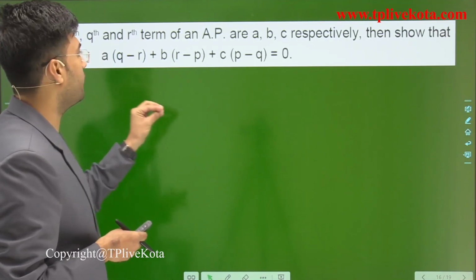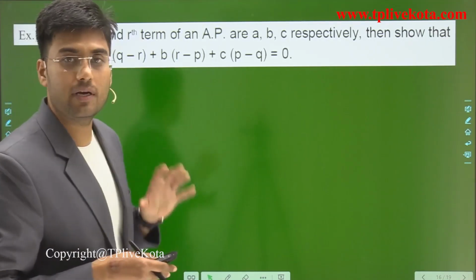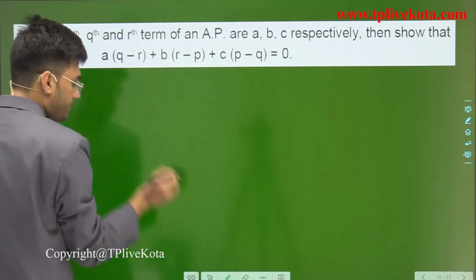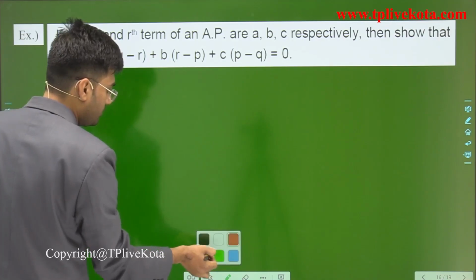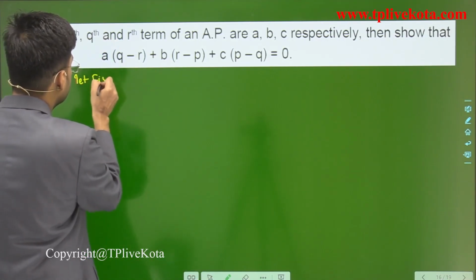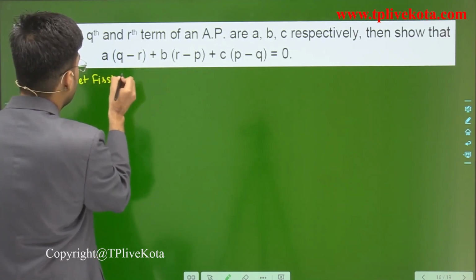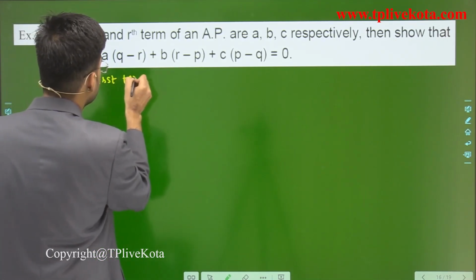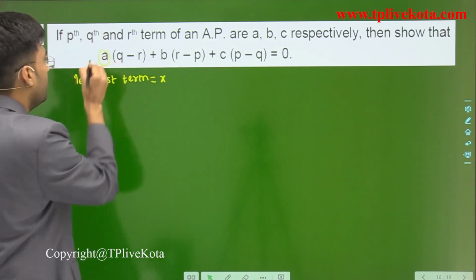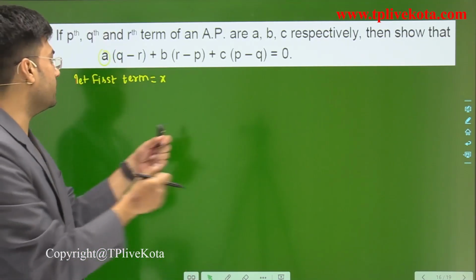The Pth, Qth, Rth terms of an AP are A, B, C respectively. So to solve this question, first of all, let's assume the first term is x. Here we already have A, so we cannot assume A here.